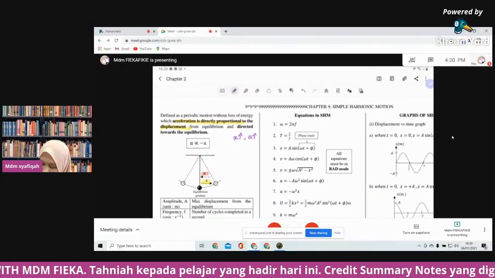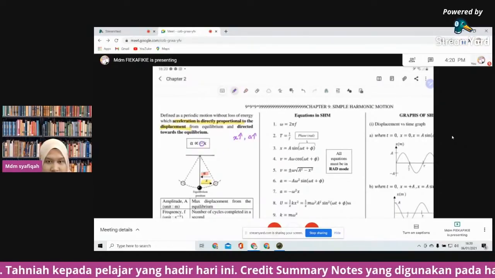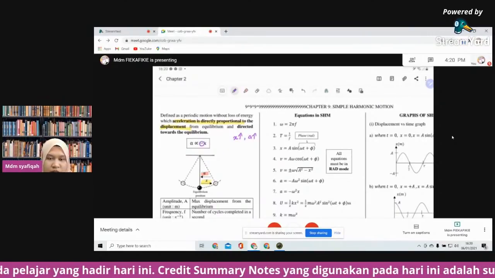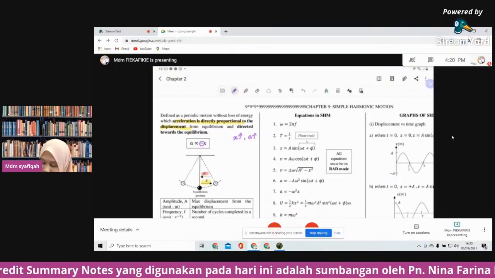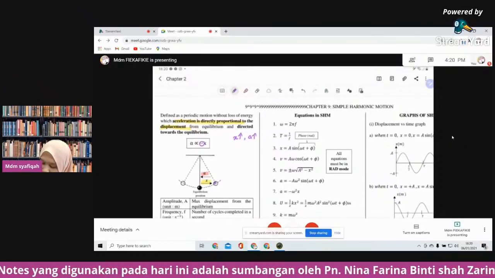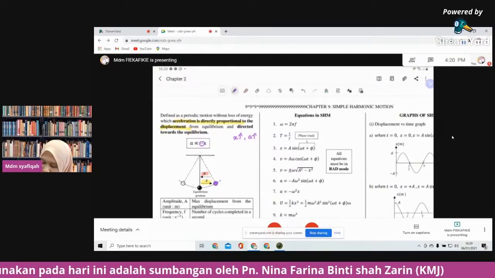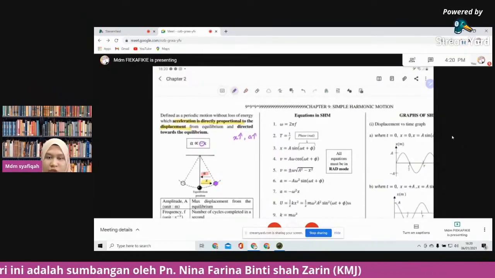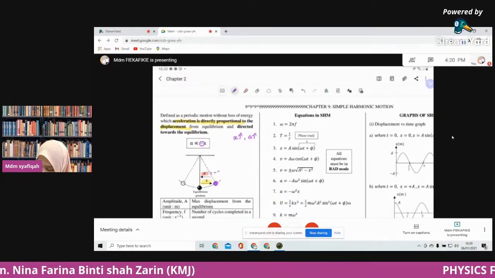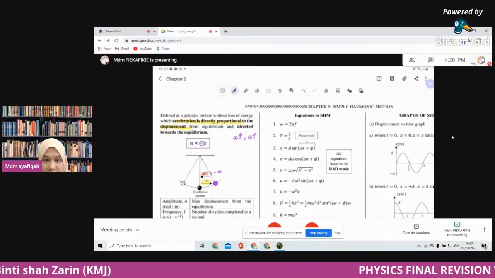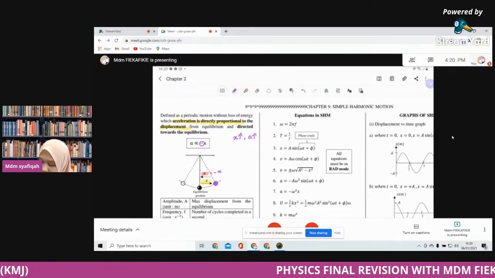So look here, the negative sign is because the direction is opposite to x. For example, you pull to the right, the pendulum is moving to the right, the yellow color. Now the direction of the acceleration must be to the left, negative x. Can? Okay, good.